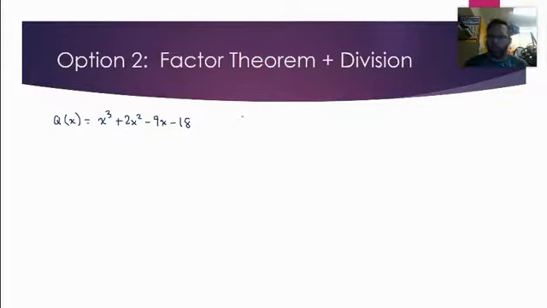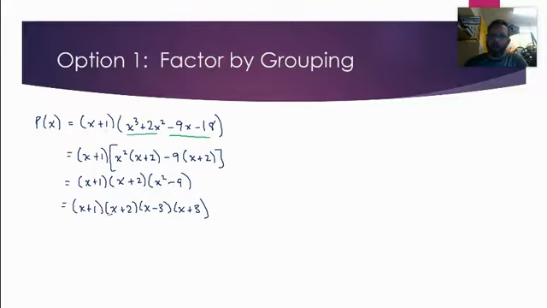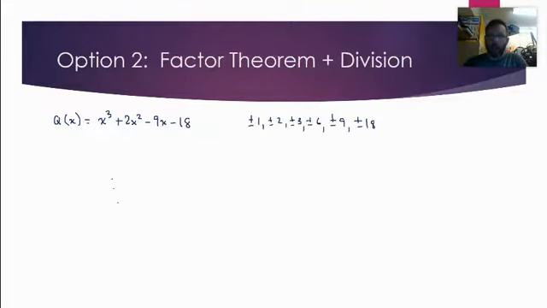So what are the factors we can try? Again, look at the constant term. We're going to try plus or minus 1, plus or minus 2, plus or minus 3, plus or minus 6, plus or minus 9, plus or minus 18. Now, you guys, we already know from our previous work, let's say x plus 2 is a factor.